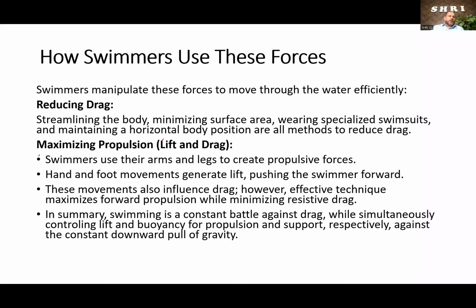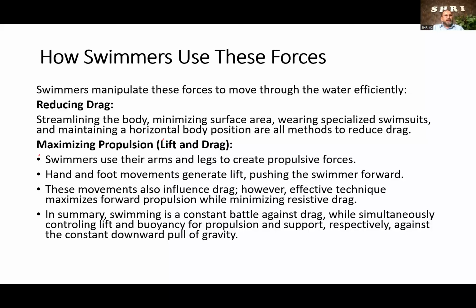So now, how do these swimmers use these forces? If they want to swim very efficiently, they have some strategies to swim faster. Swimmers manipulate these forces to move through the water efficiently. The first one is reducing the drag force. In the previous slides, we saw drag force is a resistant force for swimming.